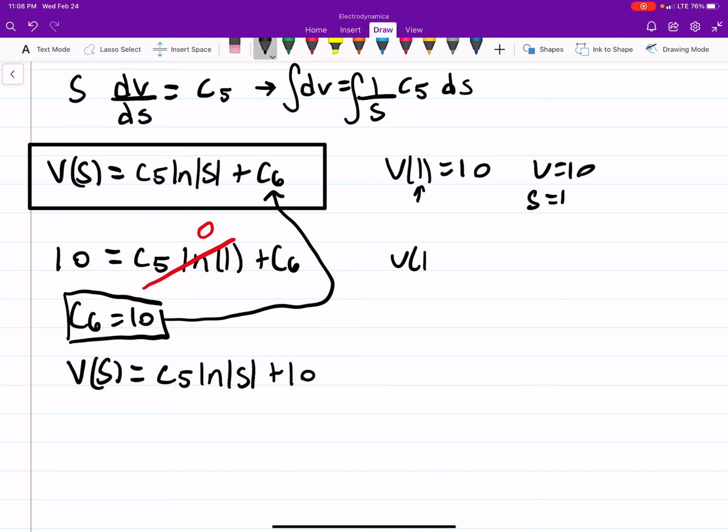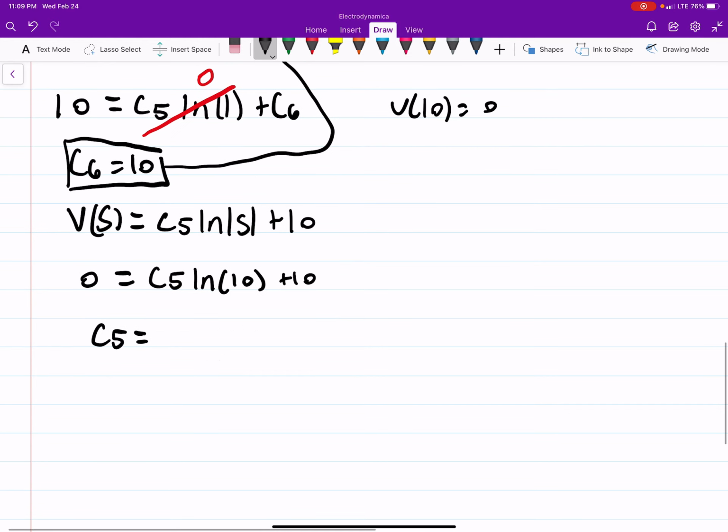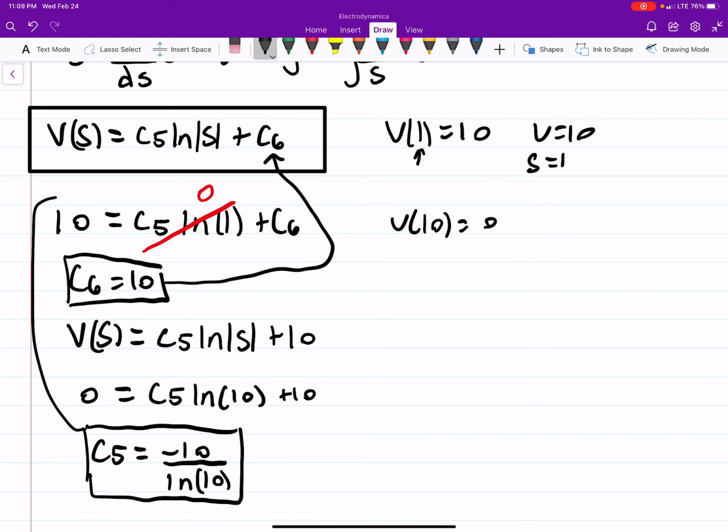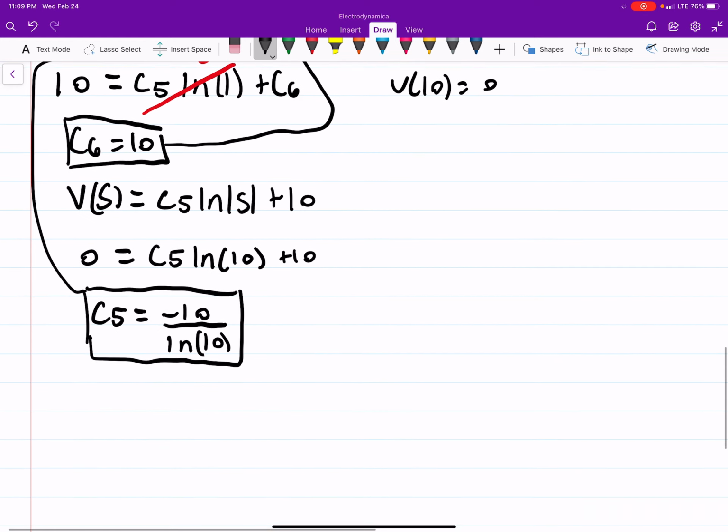Okay? And now we can use the other condition, which is V of 10 equals 0. So 0 equals c5, the natural log of 10, plus 10, and then solving for c5, we see c5 is negative 10 divided by the natural log of 10. And we can plug that into here.